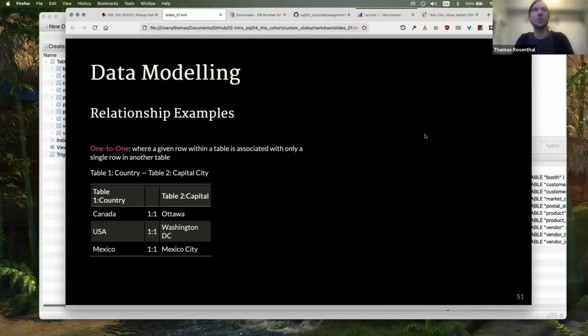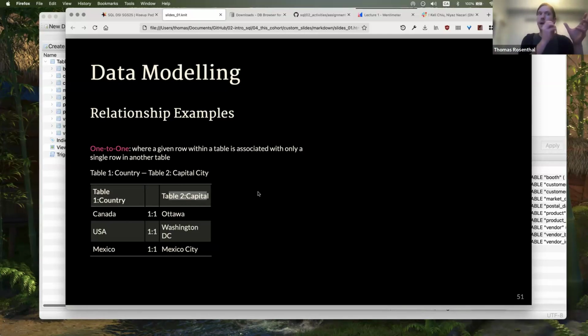Okay, so a one-to-one relationship is where a given row within a table is associated with only a single row in another table, right? So Canada has the capital city of Ottawa. There's only one capital city for a country: Canada to Ottawa, USA to Washington, D.C., Mexico to Mexico City. So that's a one-to-one. If we have 2 tables, the first table is country and the second table is capital.